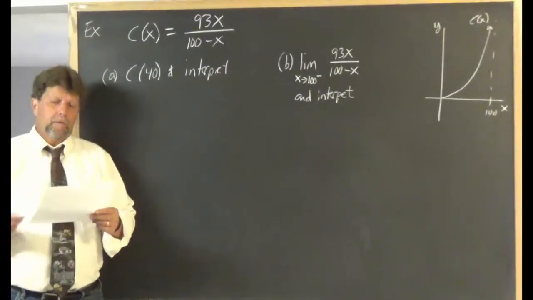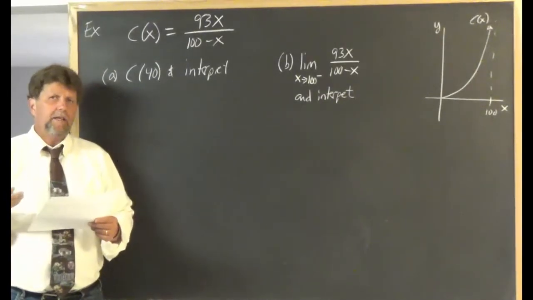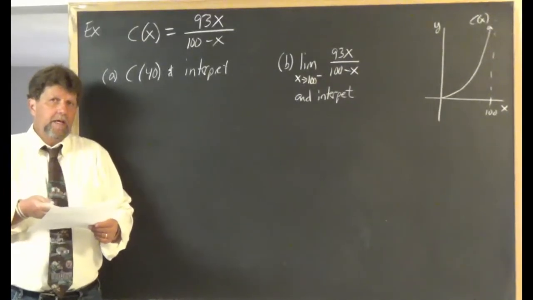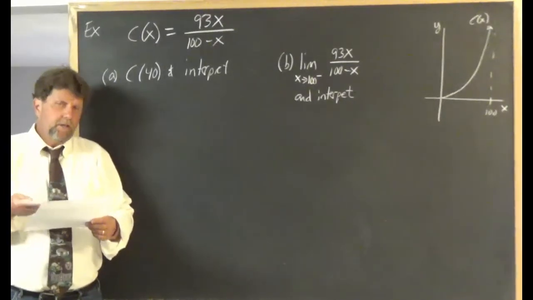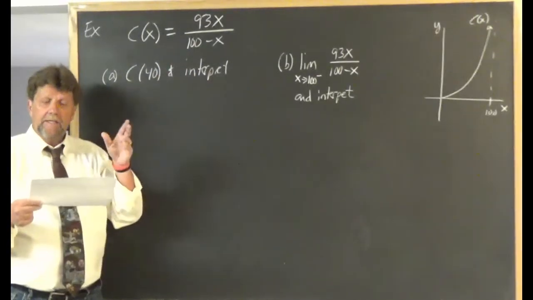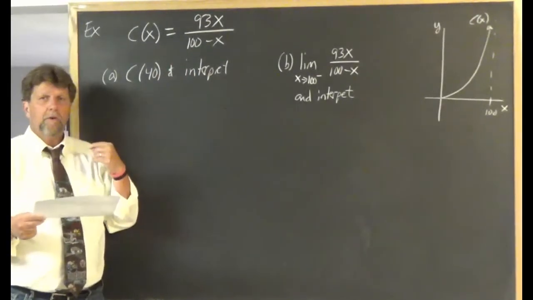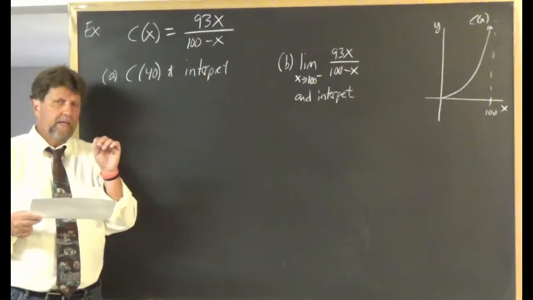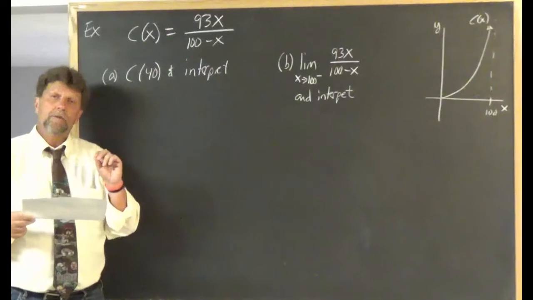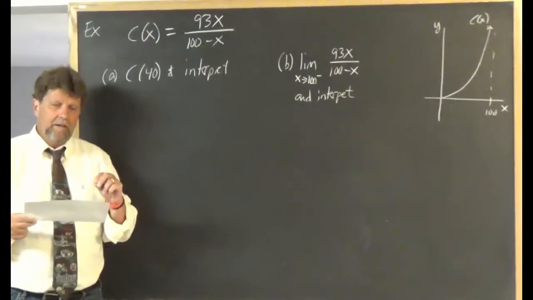We're applying these infinite limits. I just wrote down what the function was, a cost function. Again, x represents the percentage of pollutants removed, and C of x is the cost, measured in thousands of dollars.